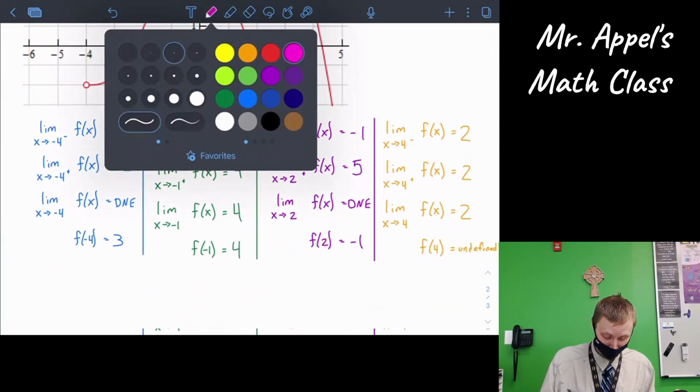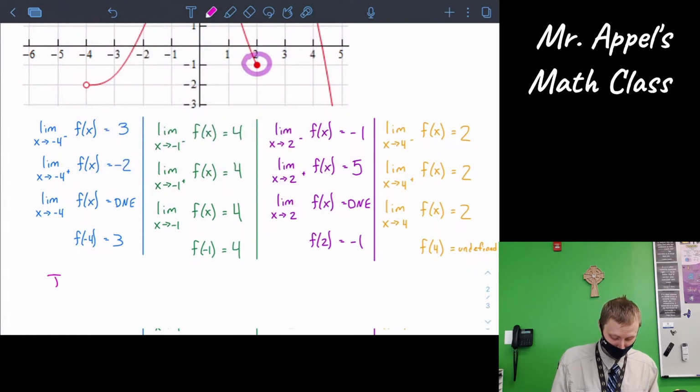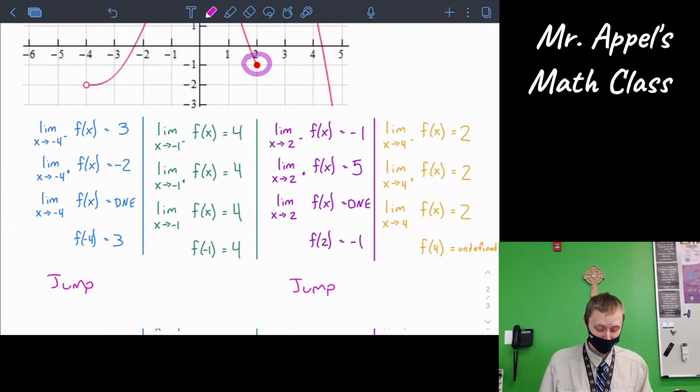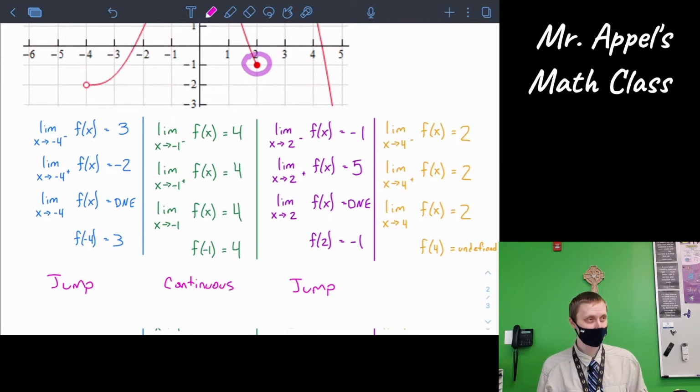So I could list that actually, right? Types of discontinuity. We've got jump and jump, results of piecewise. Here is continuous. Everything matches up.